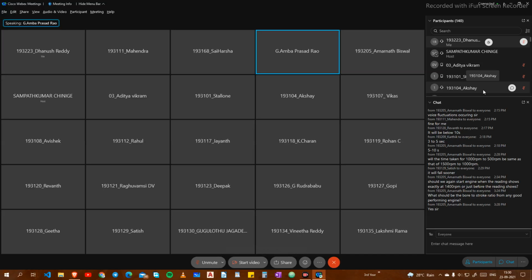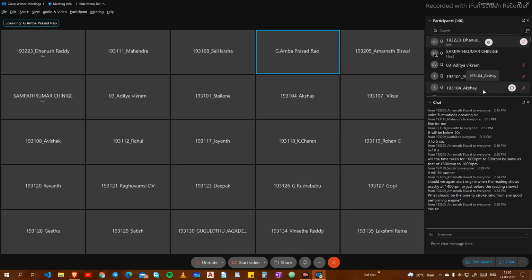Moreover, it is not engine speed directly. It is related to engine speed also, but it is the piston speed, which is defined as 2LN by 60. L is the stroke length, N is the speed. If the stroke length is increased, what will happen to the speed? They are inversely proportional to each other, am I right?